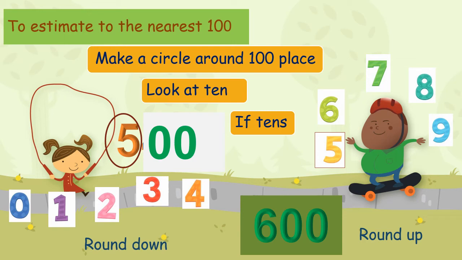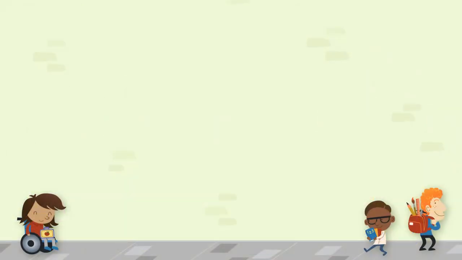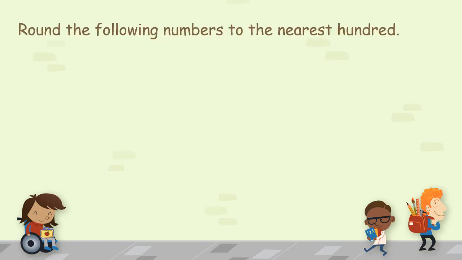Okay? Now let's try some examples and practice. What is he asking us to do? Round the following numbers to the nearest 100. You have to learn how to read. Look, he's asking you about the 100. This is our number. Okay, read it. 740.